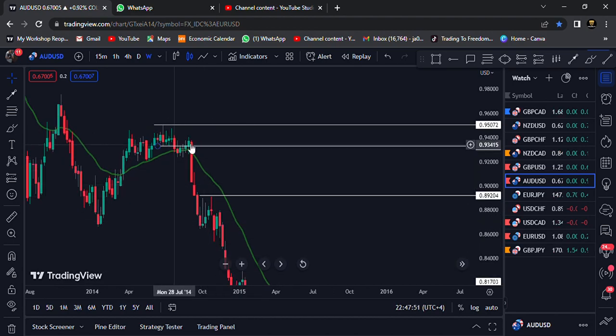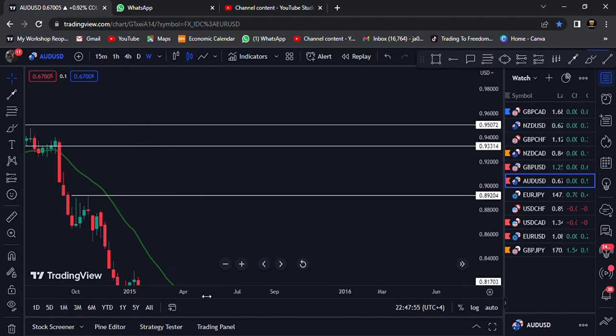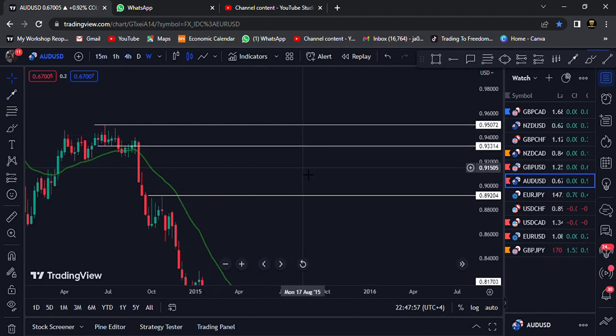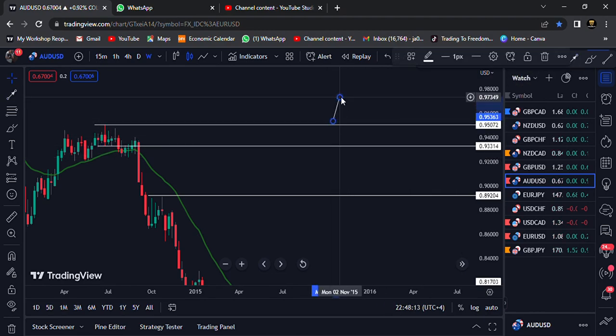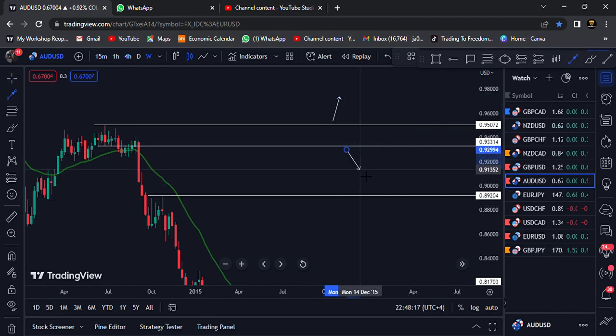I just noticed that price before it touches either support or resistance, it always hits at least this level first before it reaches here. Then anything inside here, you don't trade inside here. You can only trade here, or you trade here. Inside here, no.